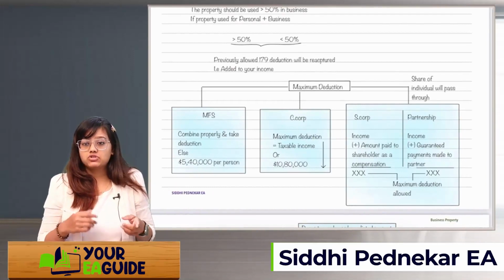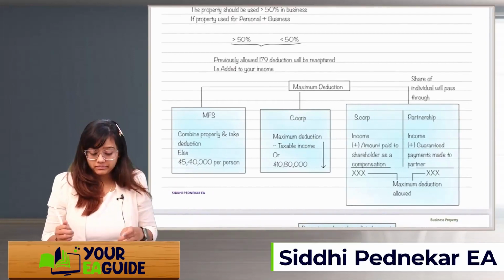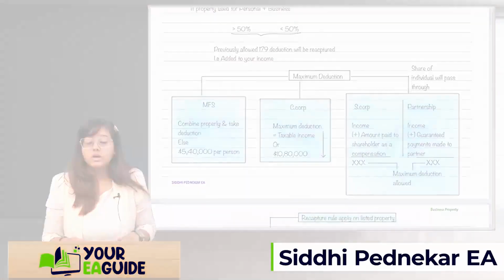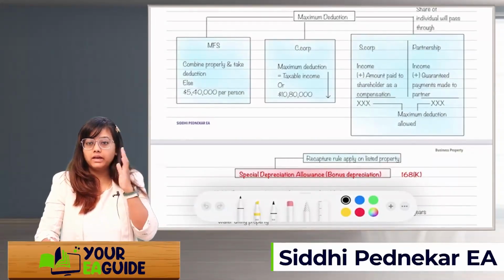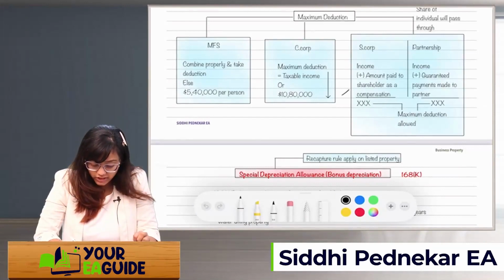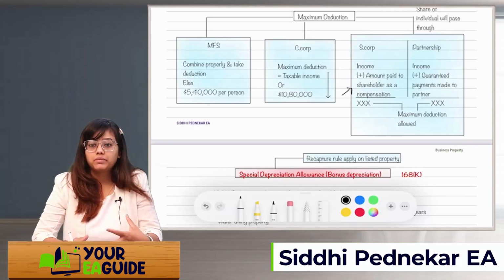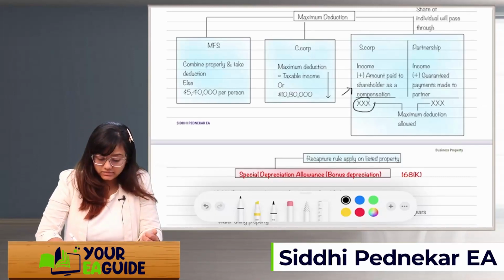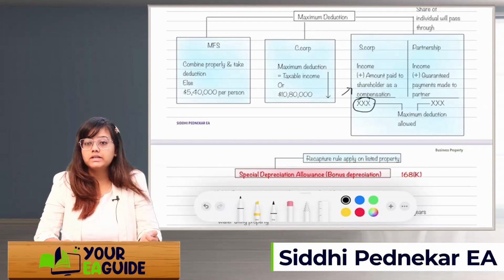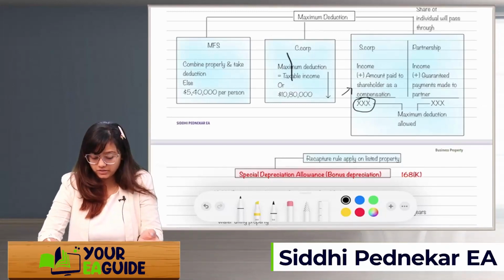Next is if it's an S corp and the partnership, we already did. Whatever is the income, right? First I'm talking about S corp. If it's an S corporation, we'll take the income, and we'll add the amount which is paid to the shareholder as compensation. We will add back that amount, and whatever is the amount we are getting, that is the maximum deduction which will be allowed as a 179 deduction.